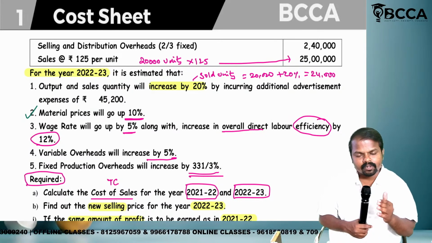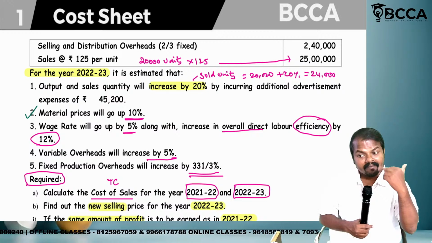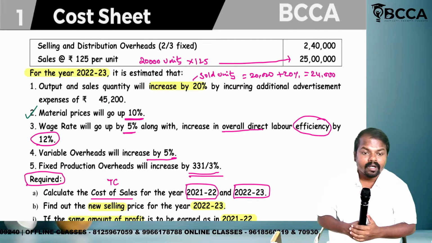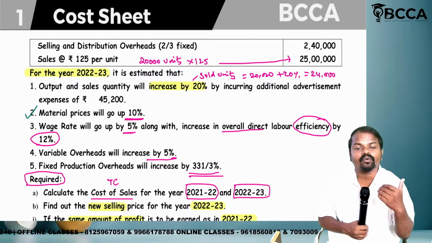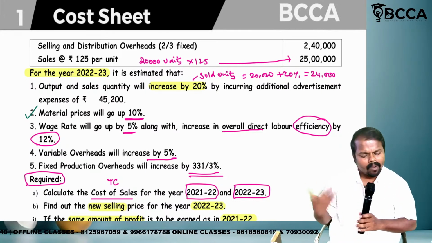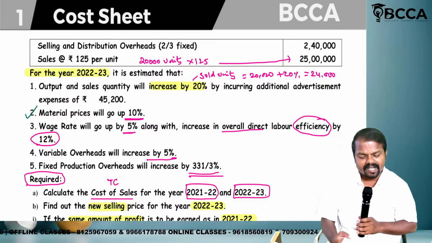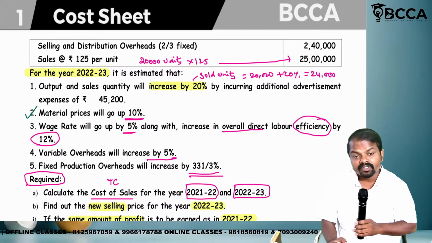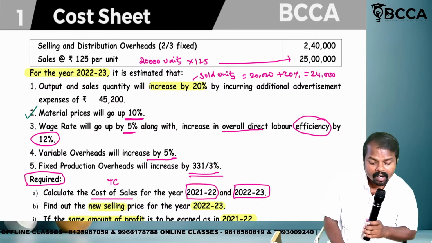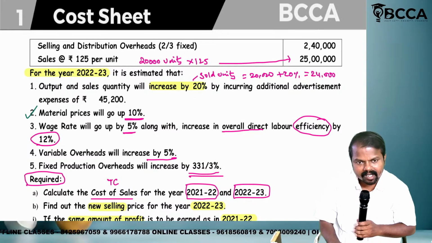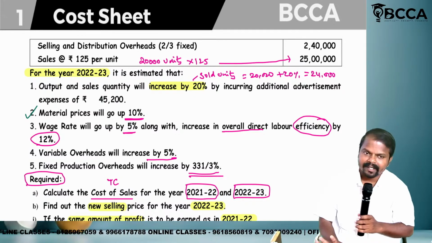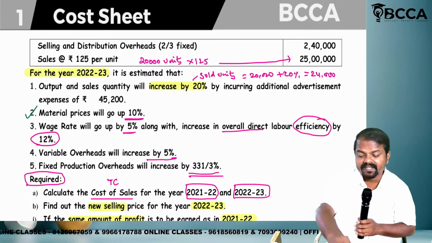For the year 2022-23, whatever data was given above related to 21-22, now they are asking for 22-23 data. Output and sales quantity will increase by 20% as compared to last year. Correct? Next, material prices will go up.